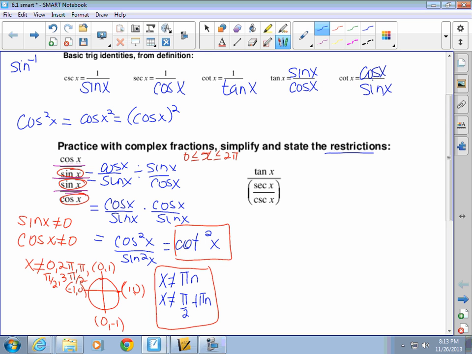Tangent x divided by secant x over cosecant x. So the best thing to always do is write this without that initial bar. So this is the same as tangent x divided by secant x over cosecant x. So this is tangent x multiplied by the reciprocal.